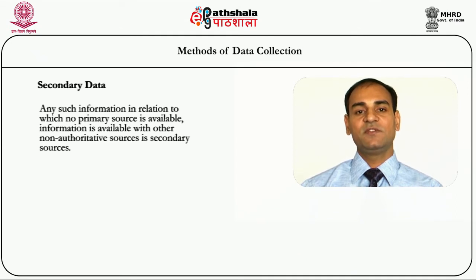In comparison between the primary and secondary source, both the sources have their own importance in legal research. Sometimes secondary sources are also used for the explanation of any term, any context used in the primary source.